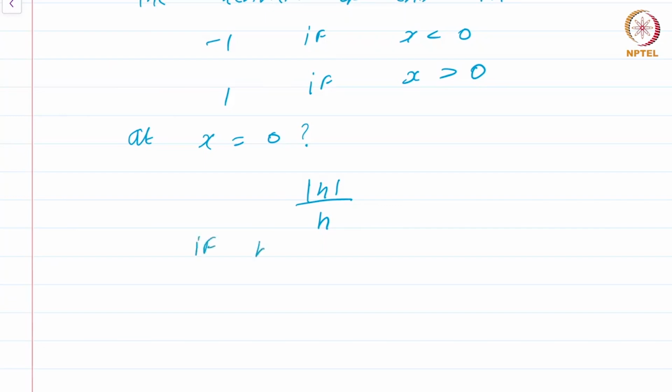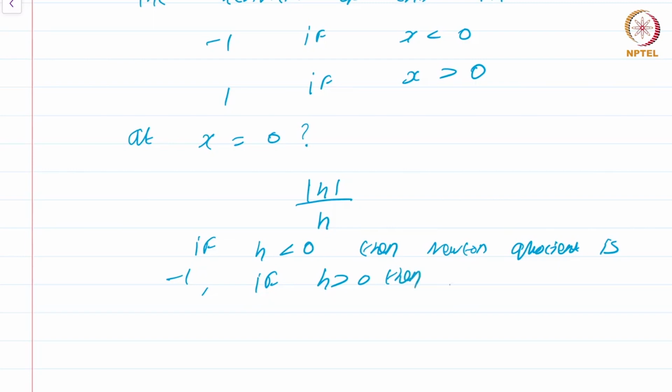If h is less than 0, then the Newton quotient is minus 1. If h is greater than 0, then the Newton quotient is plus 1. The limit as h approaches 0 does not exist.